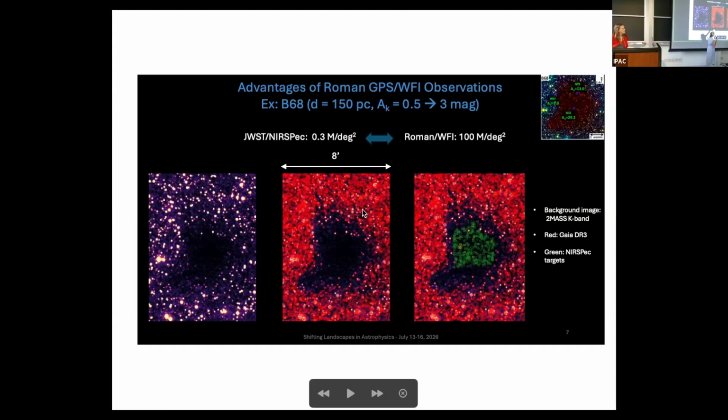So in this core, the AV varies from 5 to 30. So you can see already the problem, like you move a little bit, and from line of sight to line of sight, that's the fundamental problem. So yes, you can aggregate, but when you aggregate, you're losing tons of information that is actually what you need to inform the models.